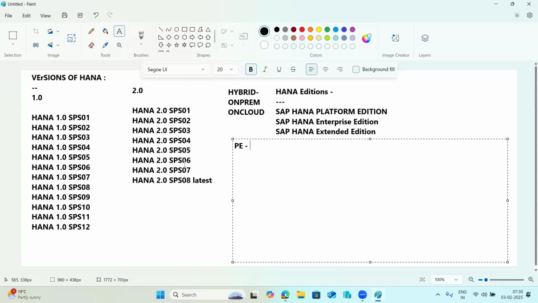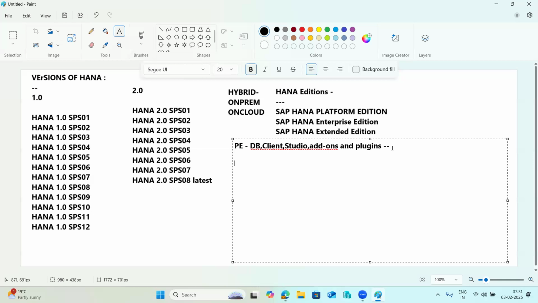So the HANA DB software, HANA client, HANA studio, all the software you will get. Then you will also get all the HANA-related client packages, add-ons and plugins, everything. So this is common for every database, right?